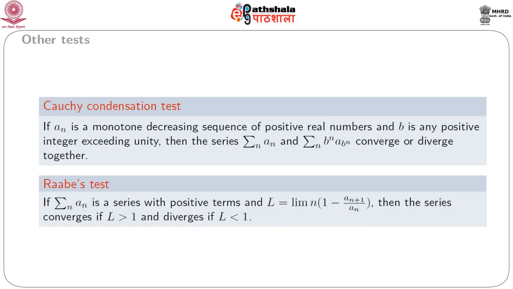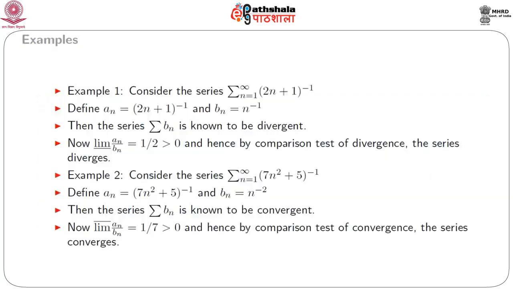So let us consider some examples. In our example 1, we have considered the series summation n from 1 to infinity of 1 by (2n plus 1). It is very easy to see that here we define a_n equal to (2n plus 1) to the power minus 1 and b_n as 1 by n.